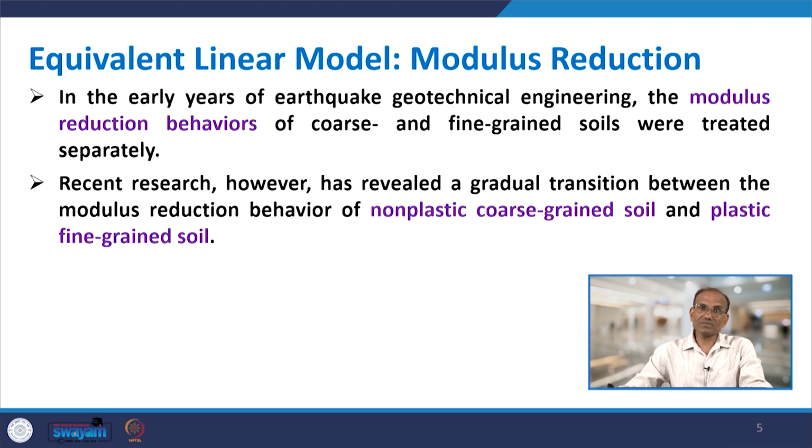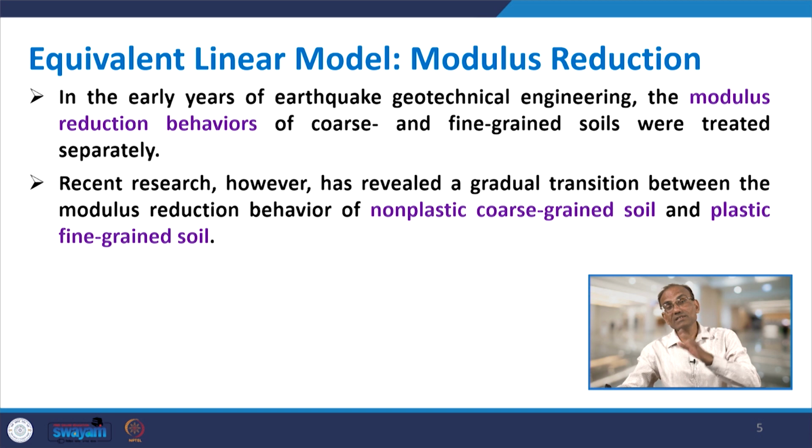In the early years of earthquake geotechnical engineering, the modulus reduction behavior of coarse and fine grained soils were treated separately. Recent research, however, has revealed a gradual transition between the modulus reduction behavior of non-plastic coarse grained soil and plastic fine grained soils.